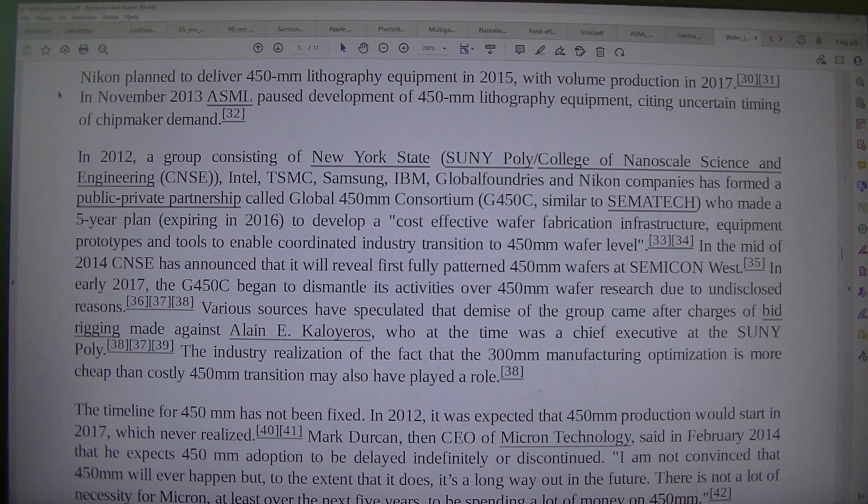Nikon planned to deliver 450 mm lithography equipment in 2015, with volume production in 2017. In November 2013, ASML paused development of 450 mm lithography equipment, citing uncertain timing of chip maker demand.